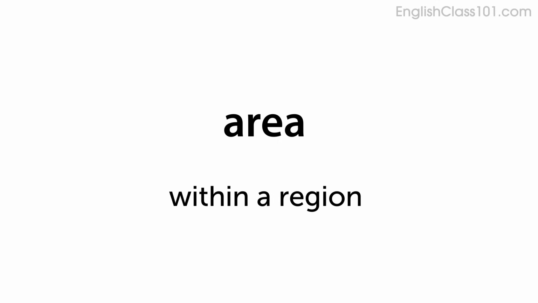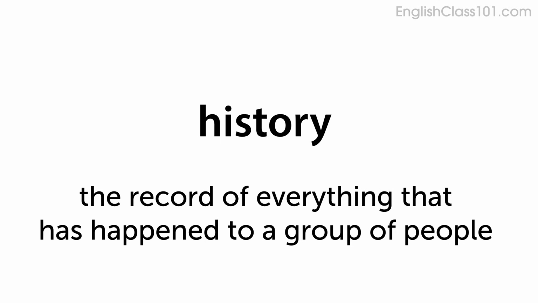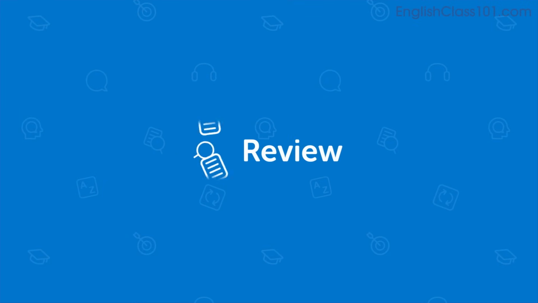Area. And our last word is History. The record of everything that has happened to a group of people. History. Finally, let's review the dialogue again. See if you can understand more this time.